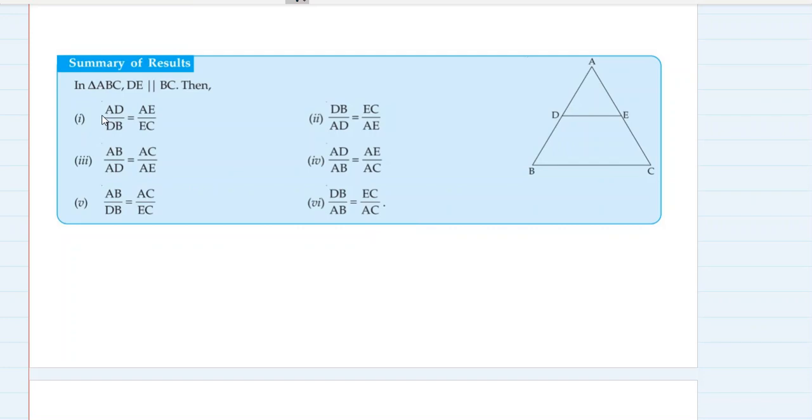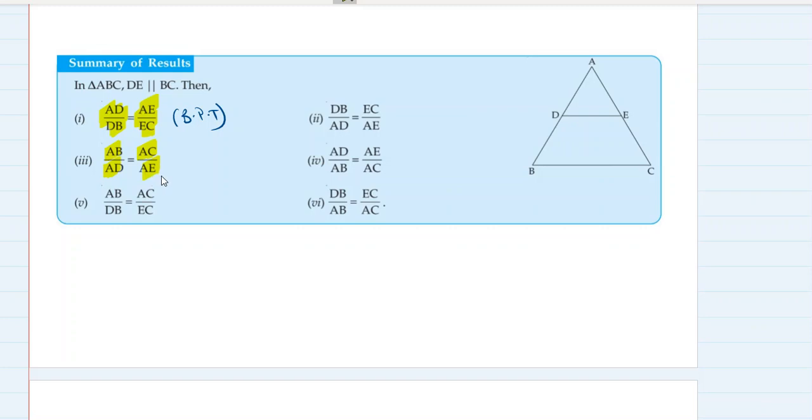So the first one is AD upon DB is equal to AE upon EC. This is actually the BPT. This is derived by proving BPT. This is BPT itself. The second one is AB upon AD is equal to AC upon AE.